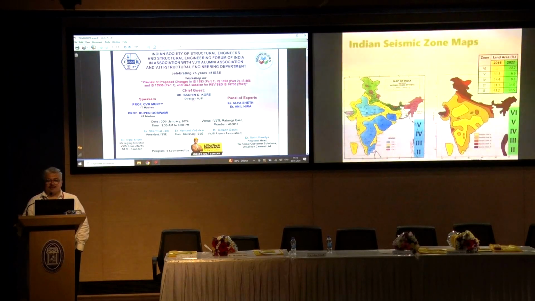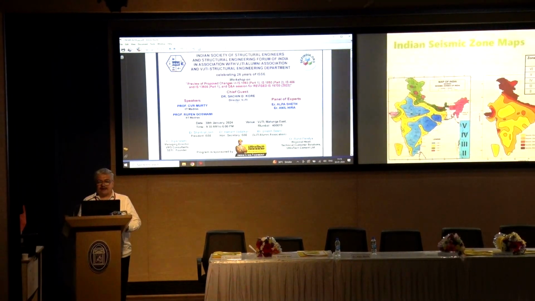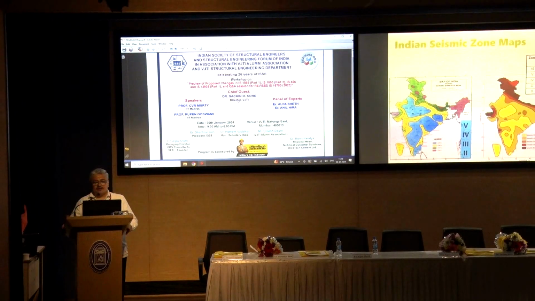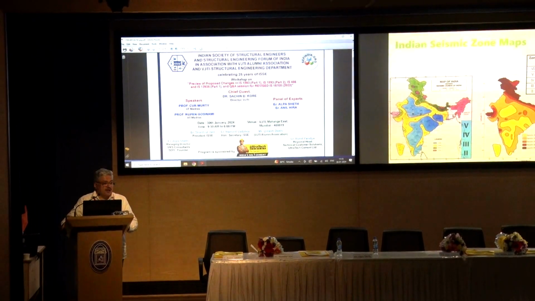GK kind of thing. If you look at this table on the right hand side, in seismic zone 2 we have around 28-30%, I will say 30% of the country. Seismic zone 3 was earlier about 33%, and even today is 34%.